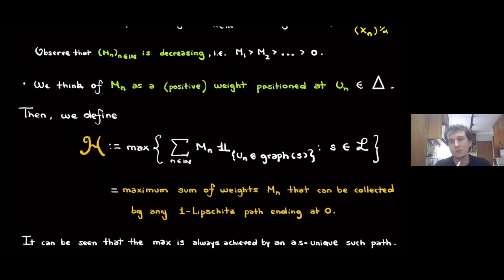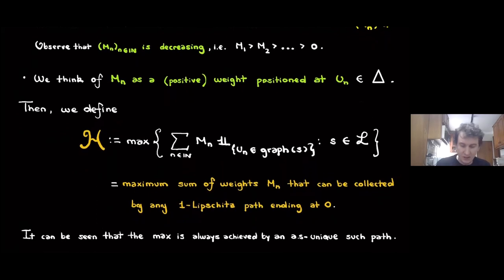And we have paths which, instead of being increasing, as they usually are in last passage percolation problems, are 1-Lipschitz. One remark is that one can check that this maximum is always achieved by a unique path in this set, so there's a unique optimal path realizing this maximum. So this is our limit H.